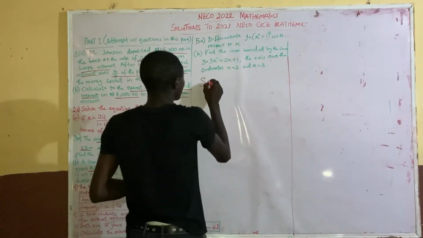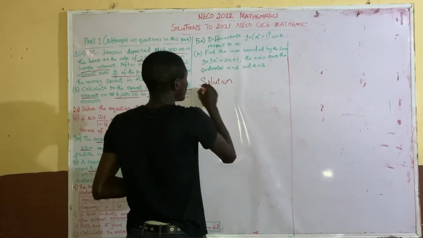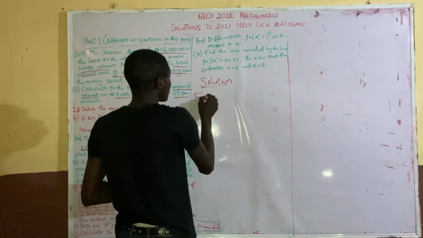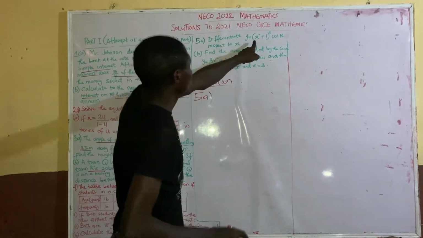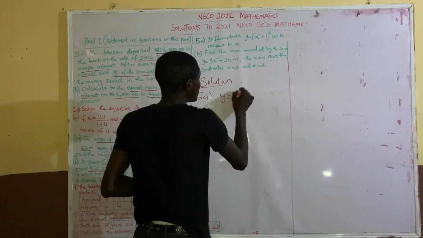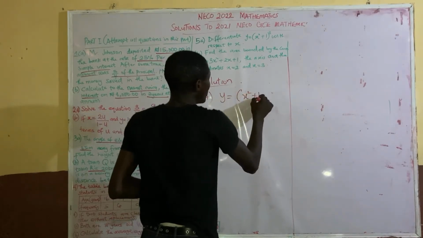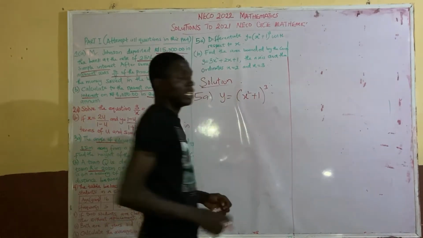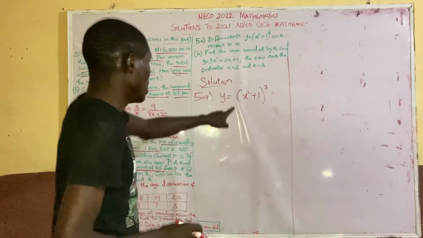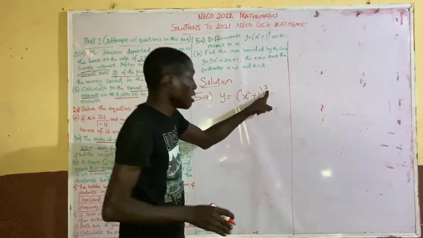Remember, solution to question number 5. Solution to question number 5a. We are asked to differentiate y equals open bracket x squared plus 1 raised to power 3. This is a function of a function. It's a differentiation of a function of a function. We have one function here and another function outside.